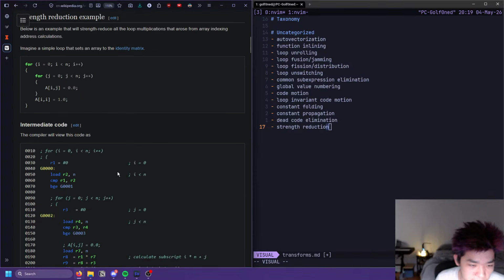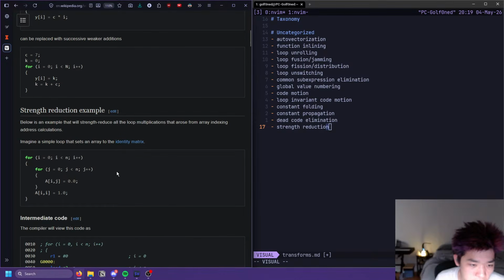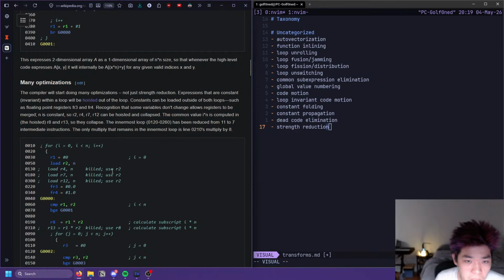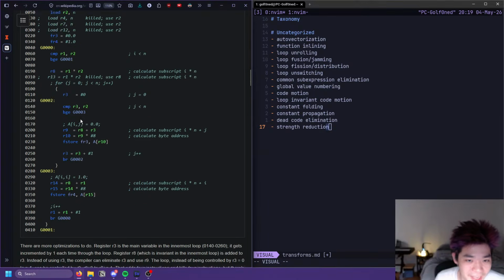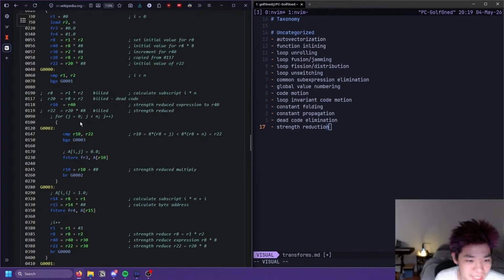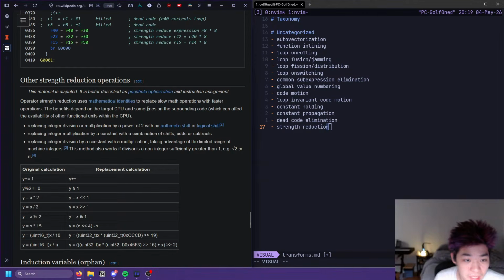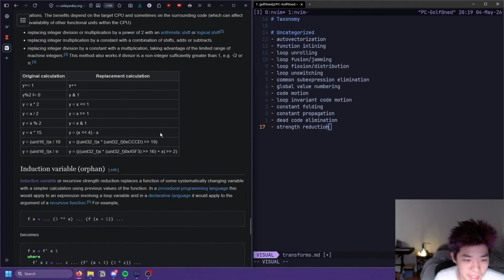Why is it called strength reduction? Oh, okay. Yeah, okay, that makes sense. Okay, and then there's this stuff as well.